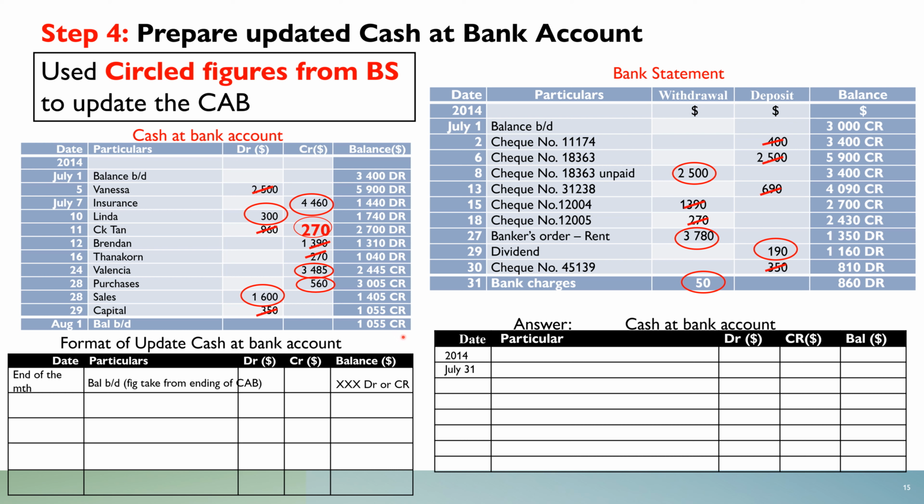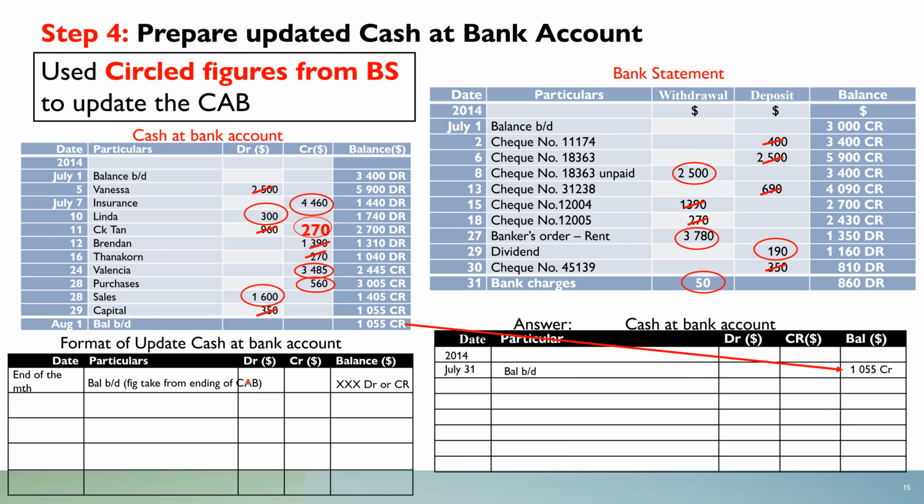Credit simply refers to a negative balance, which is a bank overdraft. So I'm going to record this balance brought down here.